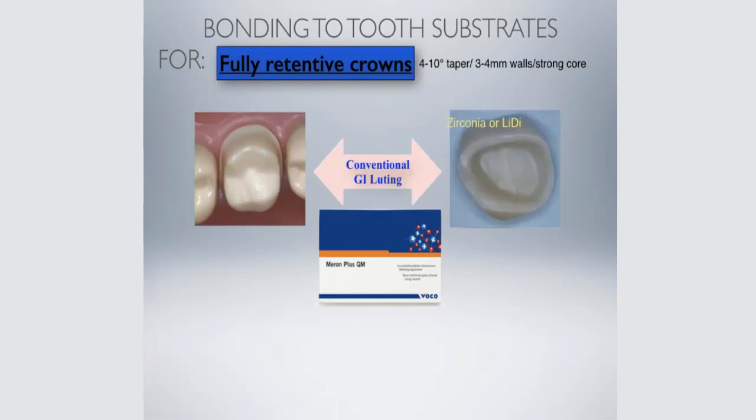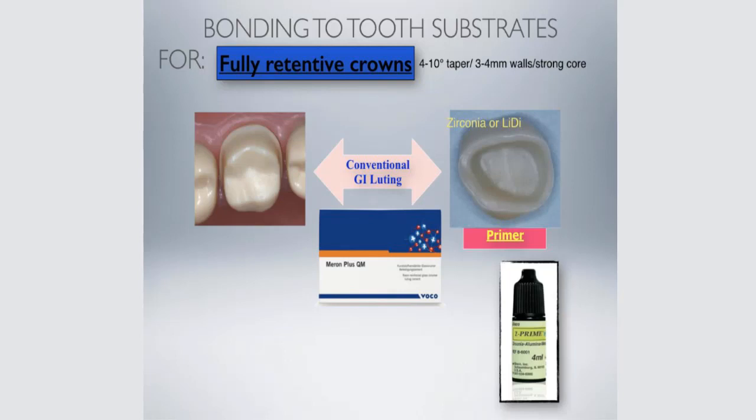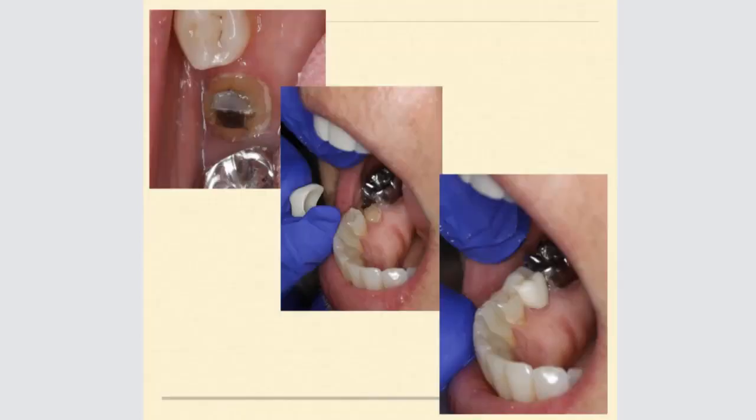This would be for a fully retentive crown, and we're going to use this conventional glass ionomer luting cement. In most cases, if you're using another glass ionomer cement, you need to use a primer. But for Muron Plus QM, you do not need to use a primer. If you are using a primer, you would use a Z Prime Plus or something like that. Now, we have our retentive crown.